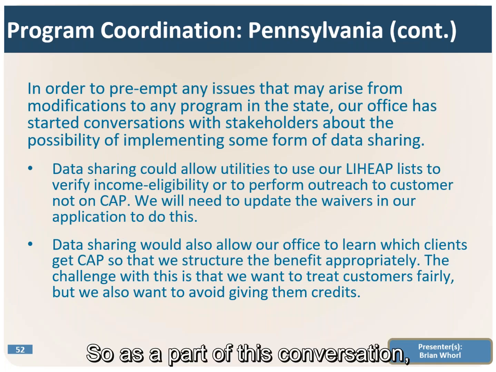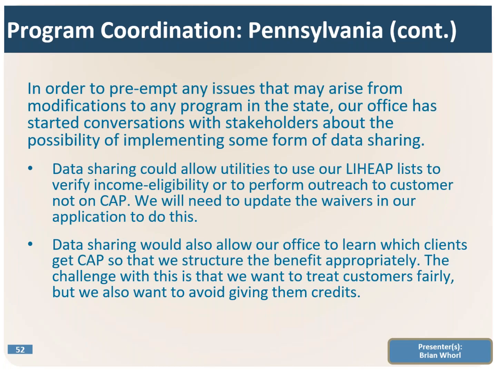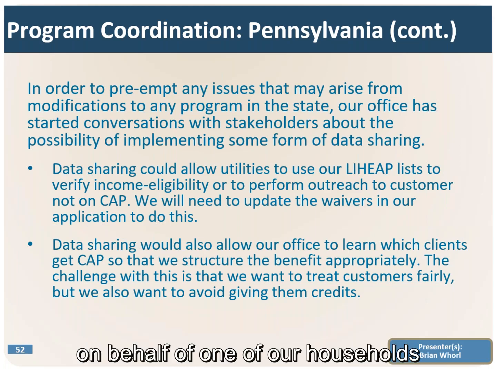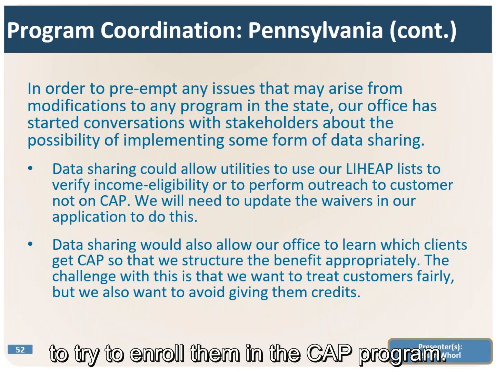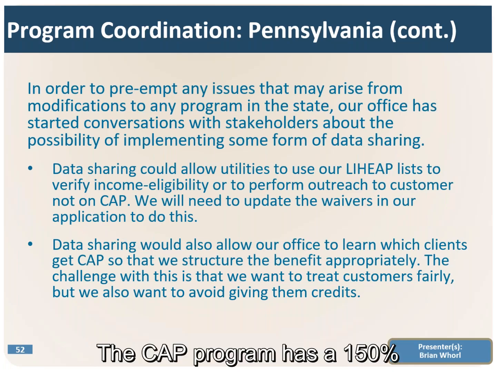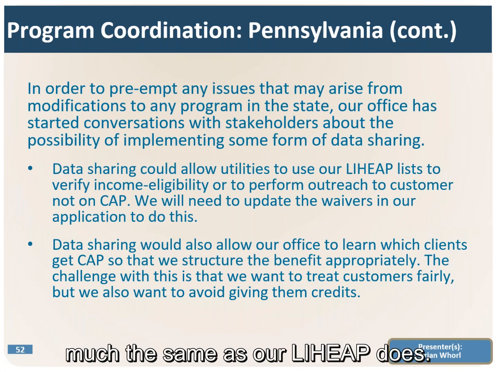So as a part of this conversation, we do require that any vendor that receives LIHEAP benefits on behalf of one of our households reach out to that household to try to enroll them in the CAP program. The CAP program has a 150% of the federal poverty income guidelines limit, much the same as our LIHEAP does.